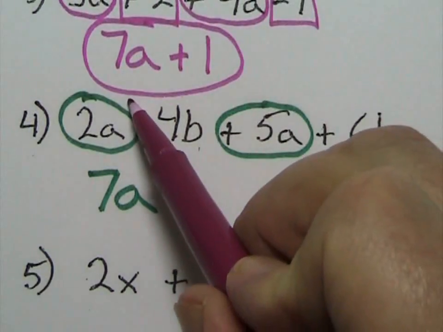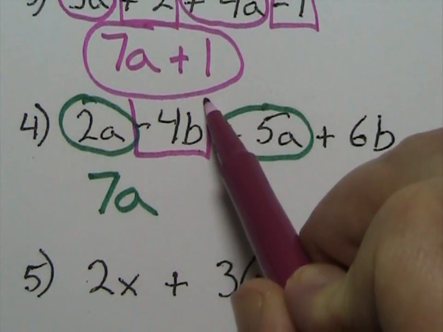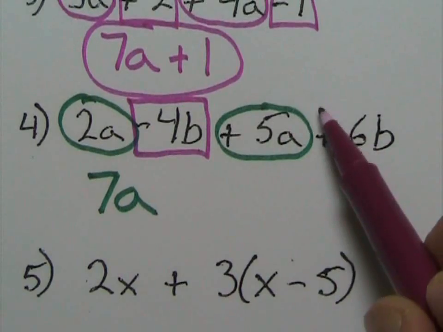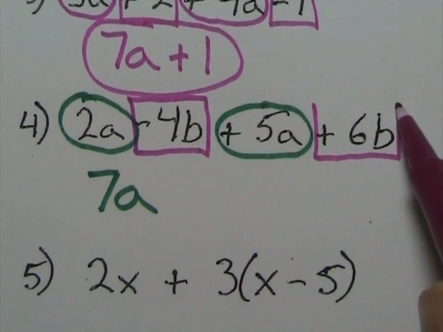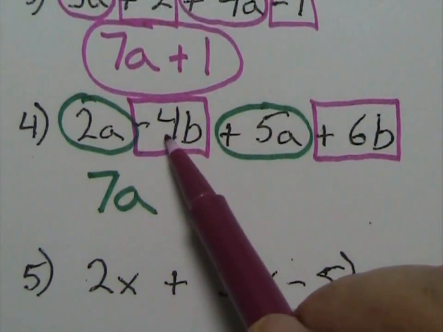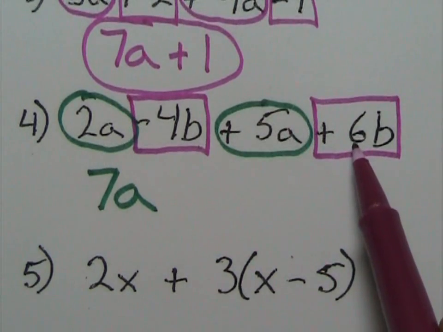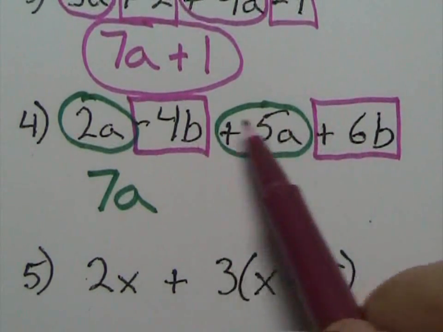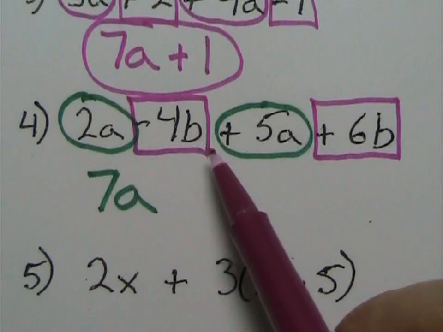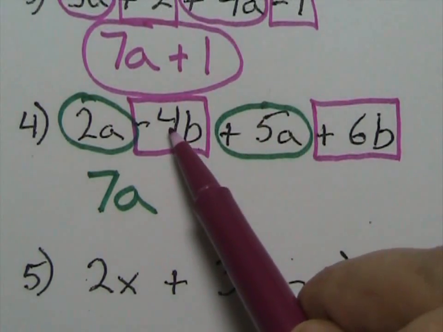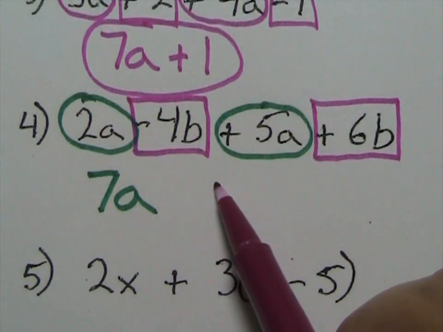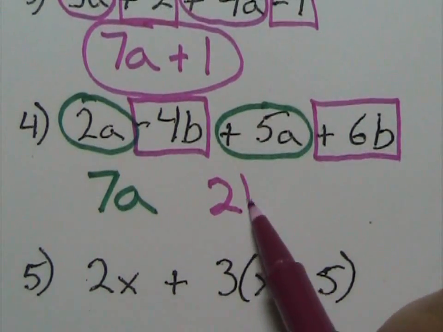Now let's take a look at the B's. I have this minus 4B, or negative 4B, and a plus 6B. A negative 4 and a plus 6. They're different signs, so you need to subtract them. 6 take away 4 is 2, so that's 2B.